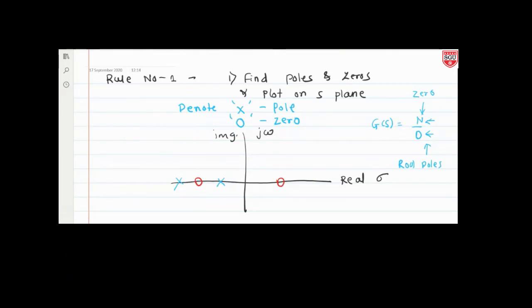Last time we saw that when we consider a system, we have to decide whether the system is stable or not.